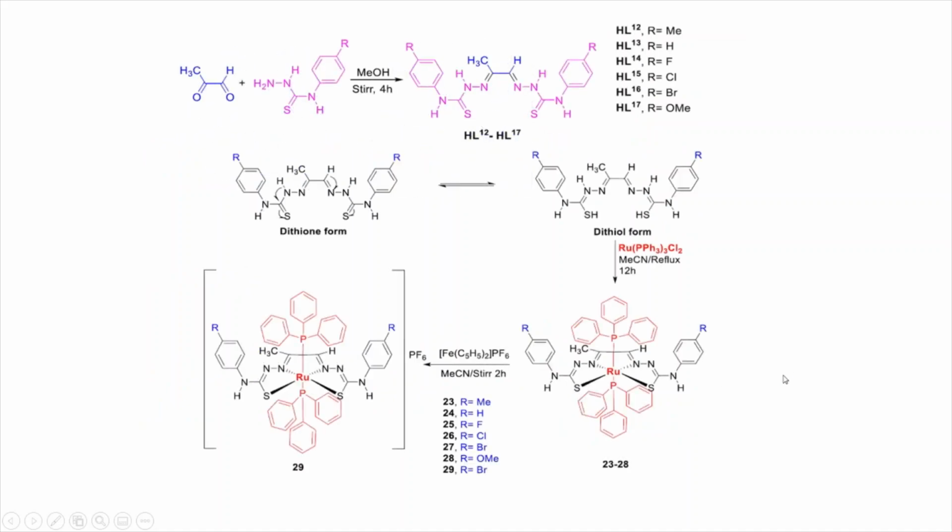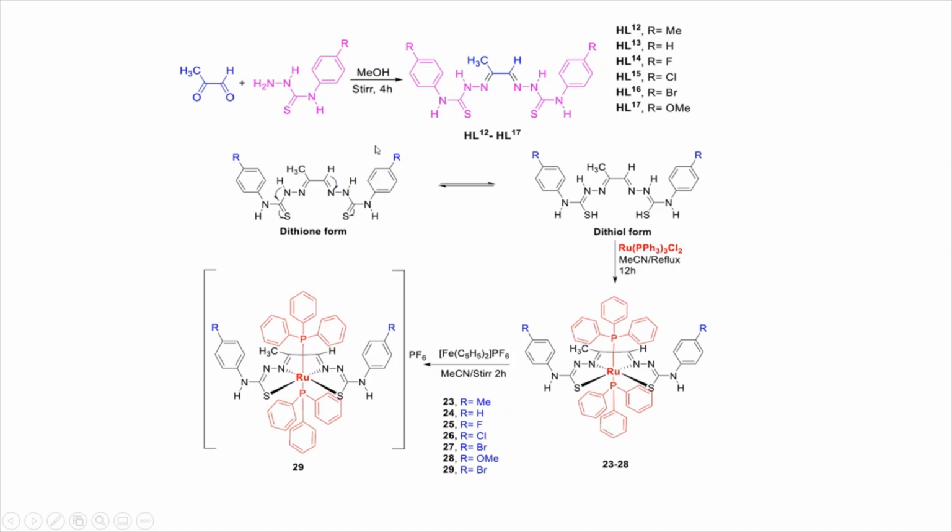So if you are interested in more details, you can read that paper on the ruthenium; I have shown the link to the paper. So these are monodentate, tridentate, tetradentate, pentadentate, hexadentate ruthenium complexes.